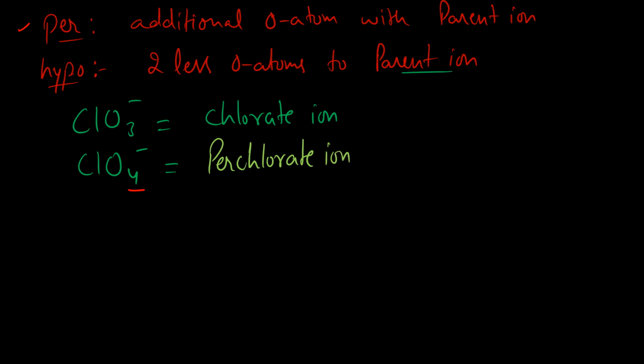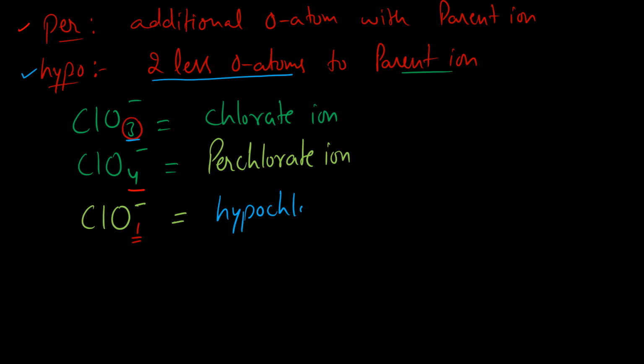Now oppositely, let's say I am having ClO negative. You may see in this case I am having only one oxygen while my parent ion has 3 oxygen. So I can see I am having 2 less oxygen as compared to the parent ion, so it should be written by writing the prefix hypo. So its name is going to be hypochlorite ion.